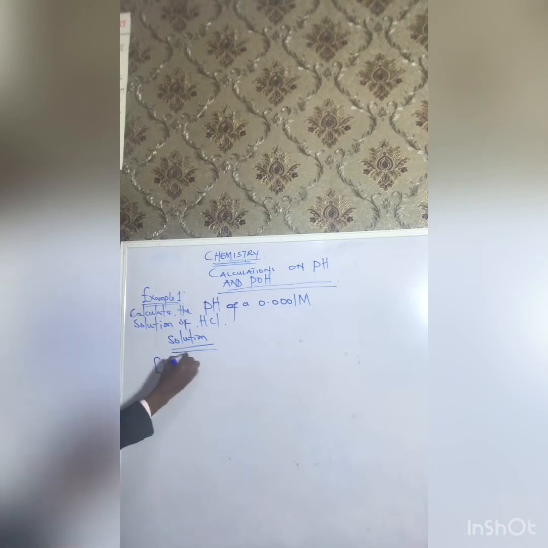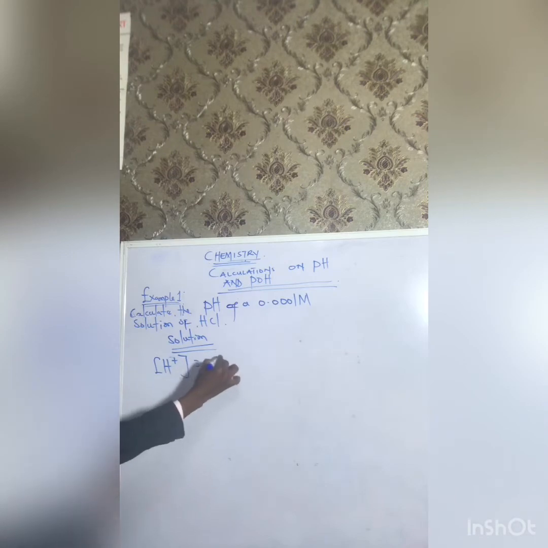Remember, HCl is hydrochloric acid, and because we have hydrochloric acid, that means we have been given the concentration of hydrogen ion that is present in the solution. So we have the concentration of hydrogen ion to be equal to 0.0001 molar.